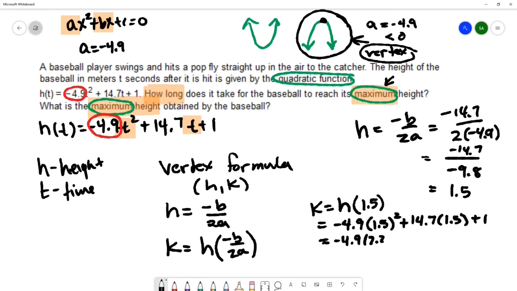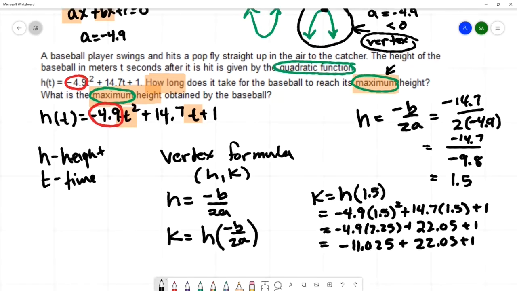That's 2.25. 14.7 times 1.5 will give me 22.05. And 2.25 times 4.9 will be a negative 11.025 plus 22.05 plus 1.